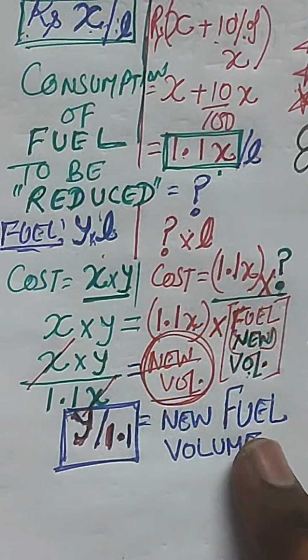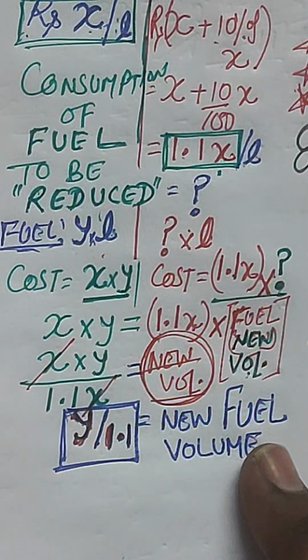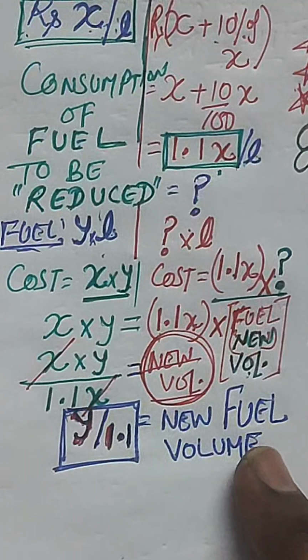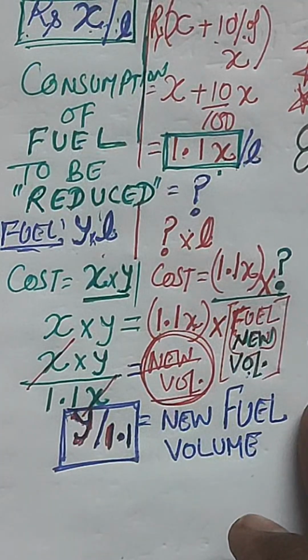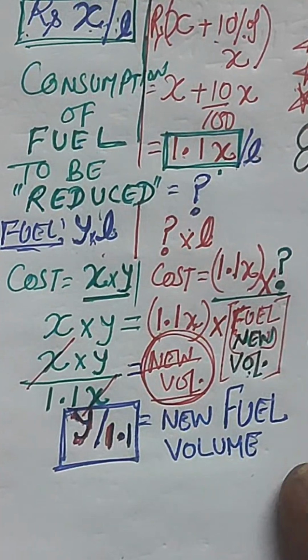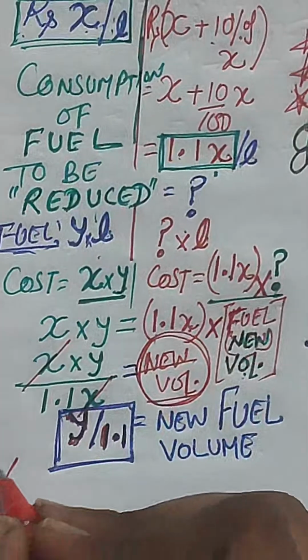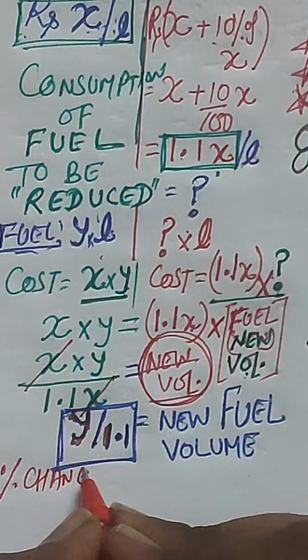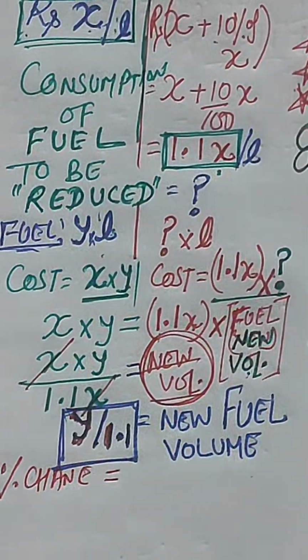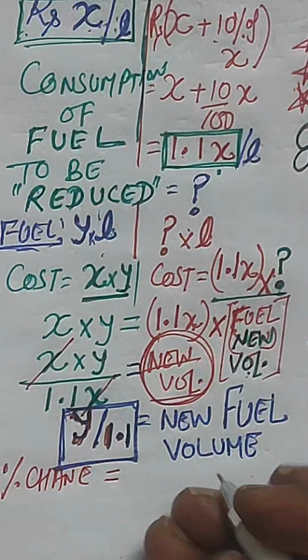Now the question was by how much percent must the biker, or the person having the vehicle, reduce the consumption of petrol? So this will be the percentage change, which is asking what we have discussed. What is the percentage change?